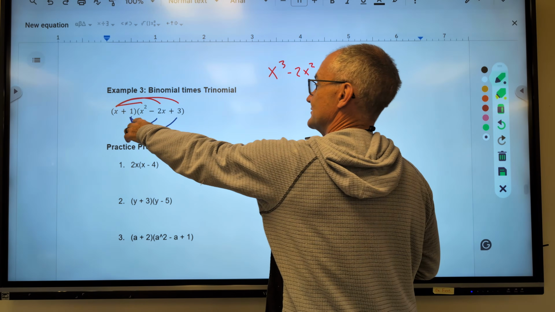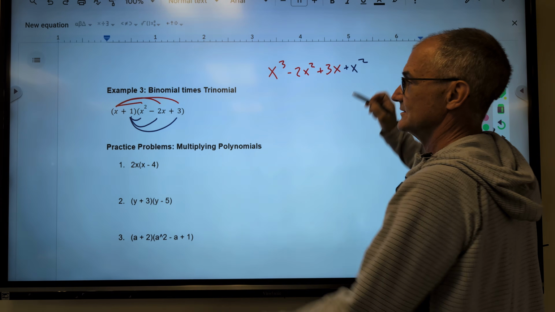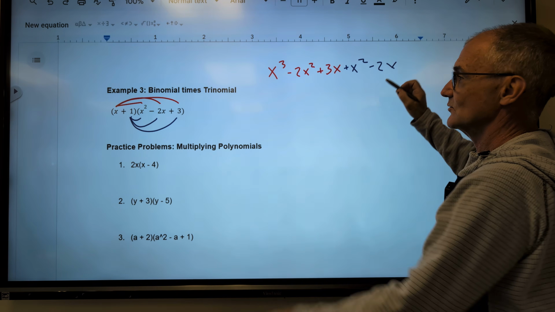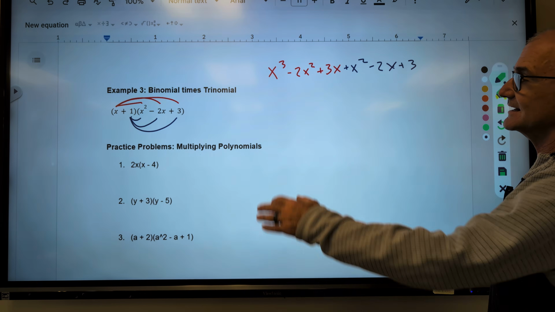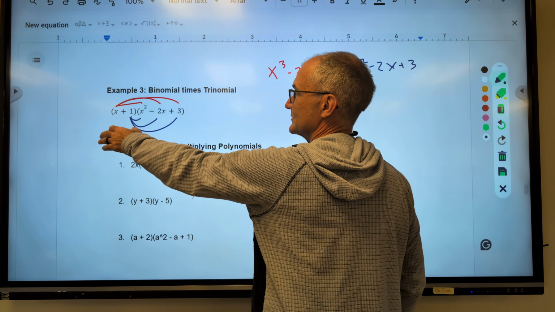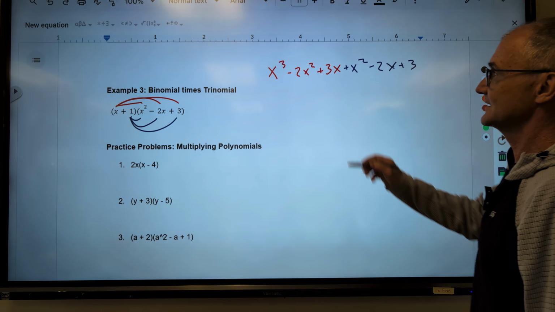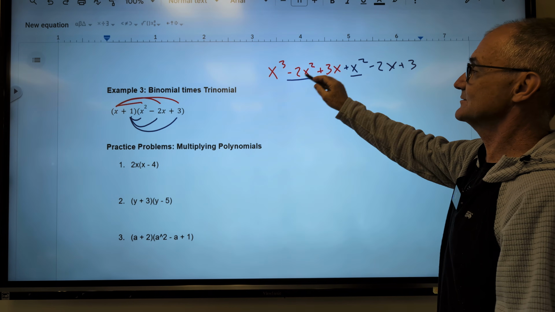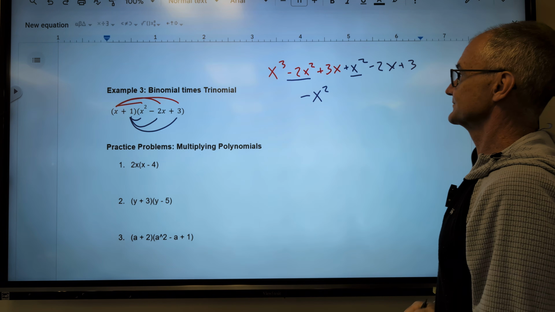Okay, second term through, plus 1x squared. 1 times -2x, -2x. 1 times 3, 3. Now that I've distributed that binomial through that trinomial, I combine similar terms. Here's a x squared, here's an x squared. -2 of these plus 1 of these is -1 of them.